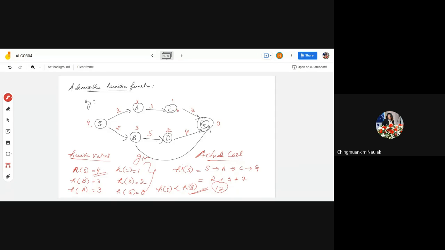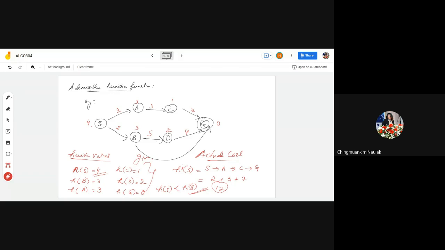Now the problem comes here. You have the choice to follow this path, or follow this path. So how will you know which way to go using this admissible heuristic?